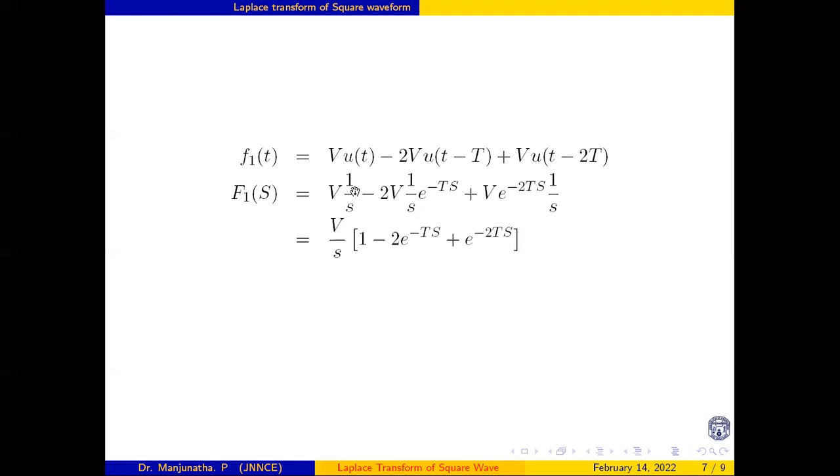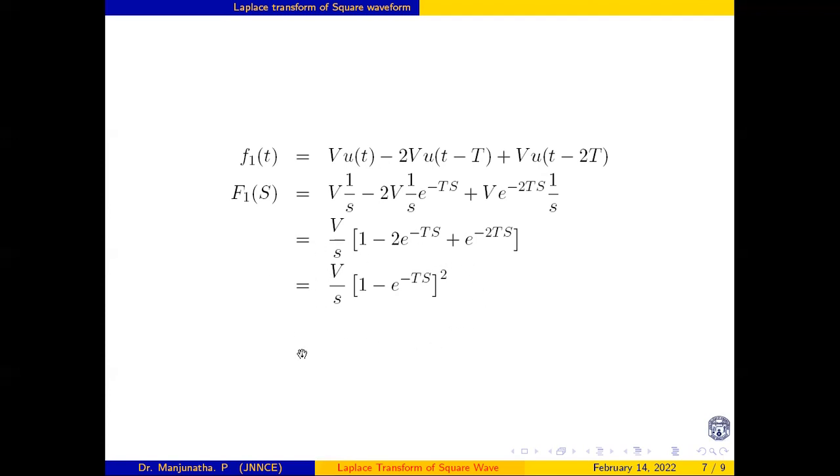So v by s, I have taken common, 1 minus 2 e to the power of minus ts plus e to the power of minus 2ts. It looks like a minus b whole square. So a is 1 and b is e to the power of minus ts. So a minus b whole square. This will be the Laplace transform for one cycle.